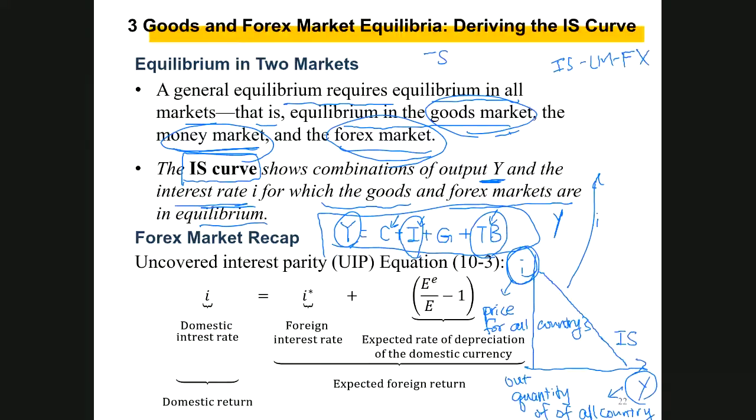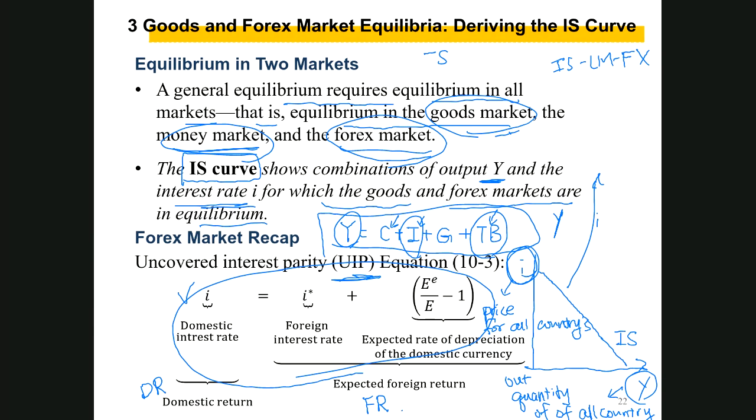Okay, and if we think about the foreign exchange market, UIP is the only one that we need to know here, right? The linear approximation of the UIP one more time. Right, so the domestic return, this one, the acronym is DR, is equal to the expected foreign return, that's FR.